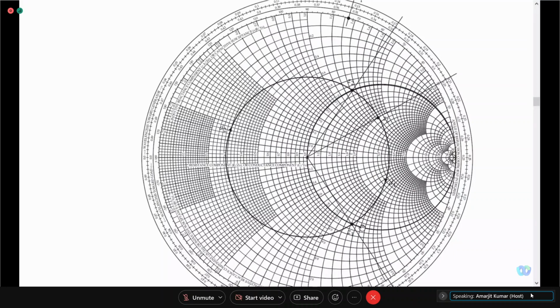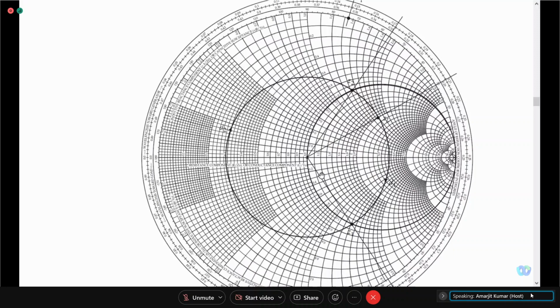Can you calculate D1 easily? What will be D1? Because for matching the real part of the transformed impedance down a length D from the load should be equal to Z0. So Z0 means what? 1, normalized 1.